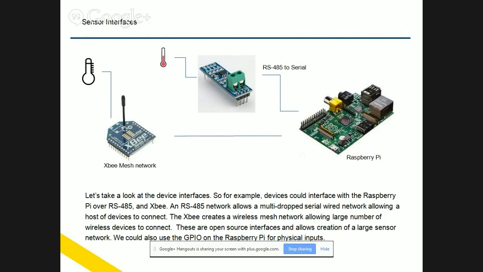Coming to the wireless network. So there are different protocols that could be used for building up a wireless network. In this particular case, we have considered an XBee mesh network. So an XBee allows you to create a wireless mesh network.